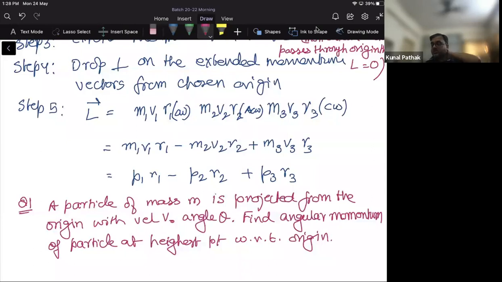A particle of mass m is projected from the origin with velocity v naught at angle theta. Find the angular momentum of the particle at the highest point with respect to the origin.